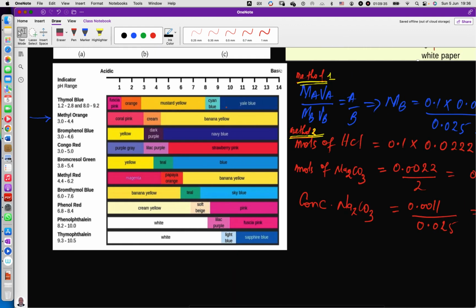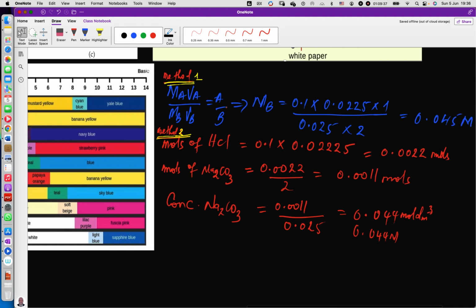For instance, here we will use a formula: molarity of acid times volume of acid, over molarity of base times volume of base, equals the mole ratio. That is the mole ratio: the number of moles of acid that have reacted over the number of moles of base that have reacted.